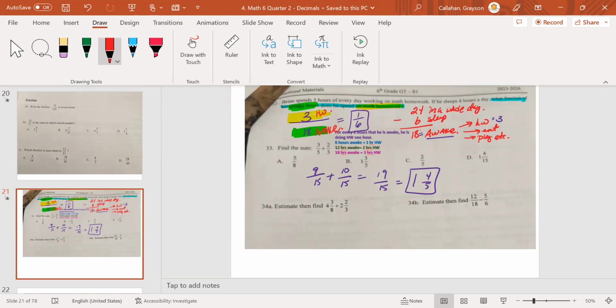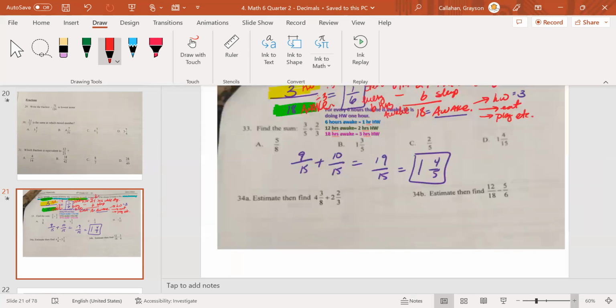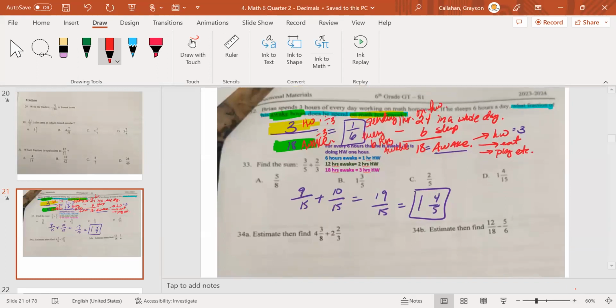So then if I reduce this, which means I divide it by 3 on top and bottom, 3 divided by 3 is 1. 18 divided by 3 is 6, which means for every 6 hours that he is awake, he is spending 1 hour on homework. Do you see that? Okay, so you might have to just kind of make sense of it by yourself. Okay.